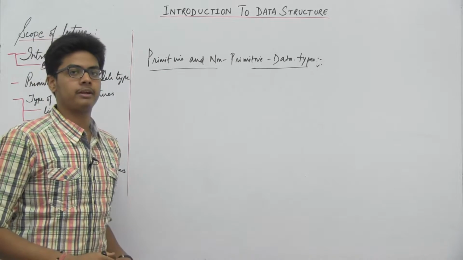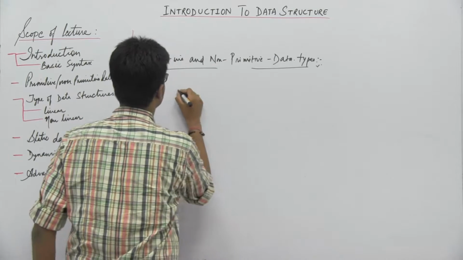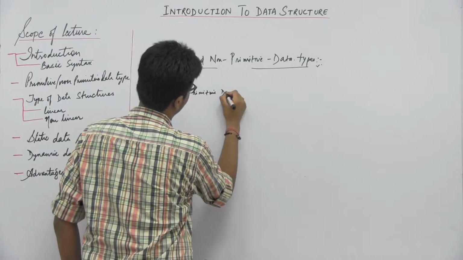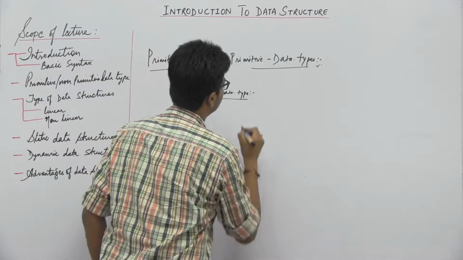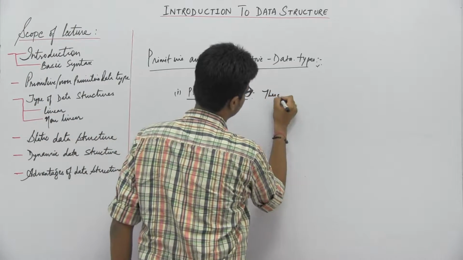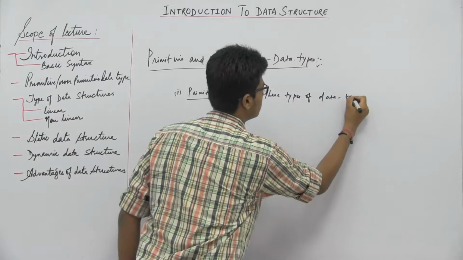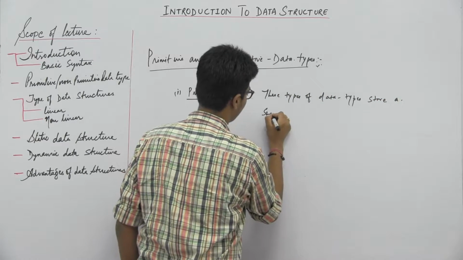Primitive and non-primitive data types. First, primitive data type. This type of data type stores a single value.